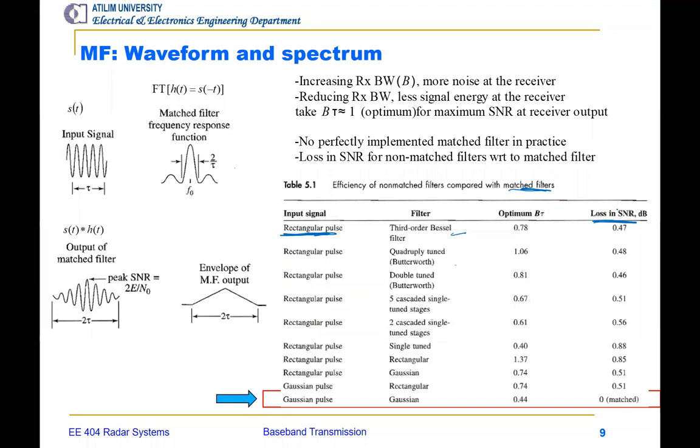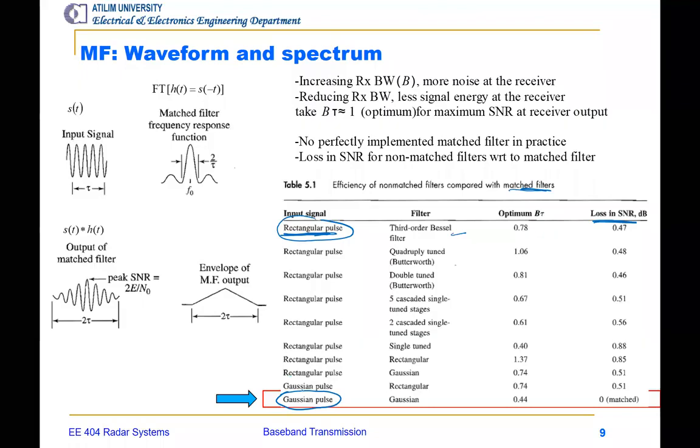Again, please refer to the previous slide where we got the rectangular pulse and we got side lobes. So we eliminate side lobes, which means that we have a loss in SNR. We use quadruple tuned or Butterworth filter, double tuned Butterworth filter, 5 cascaded single tuned stages, and goes like this. And at the bottom, we see Gaussian pulse, which is the pulse that we have talked about in previous slide.